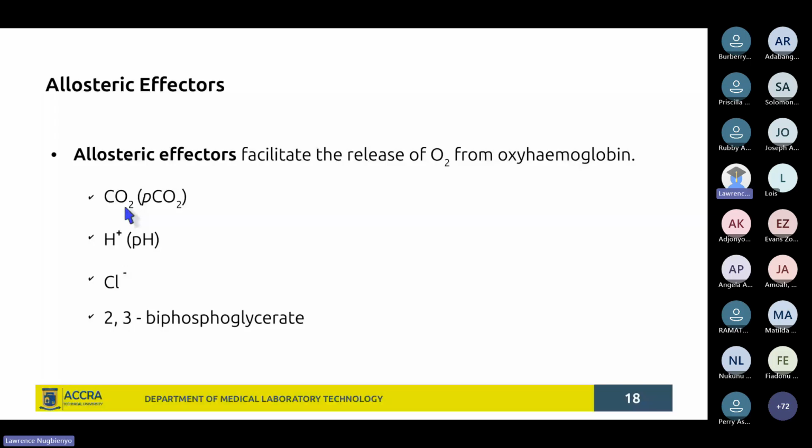And that high concentration of carbon dioxide serves as a facilitator for oxygen to be released from the hemoglobin molecules, so that quickly oxygen is released by hemoglobin and it picks the carbon dioxide molecules, because the carbon dioxide is much more in concentration than the oxygen molecules there.